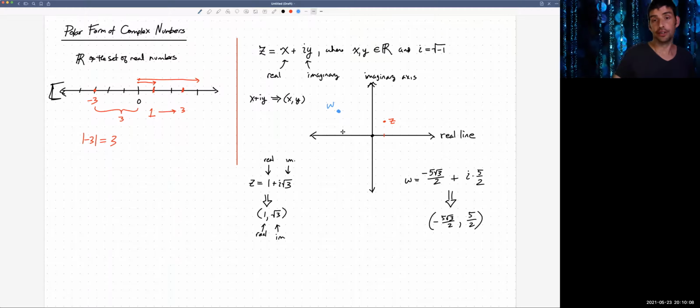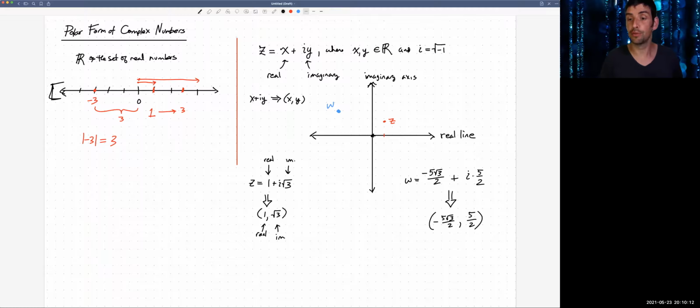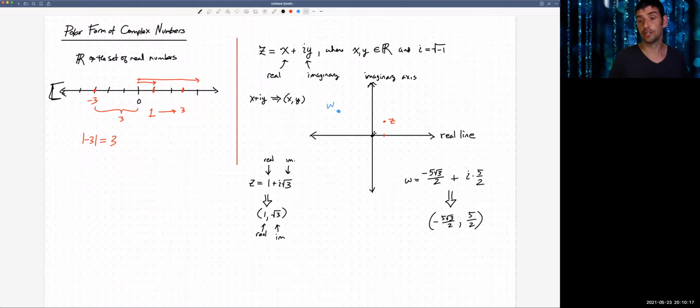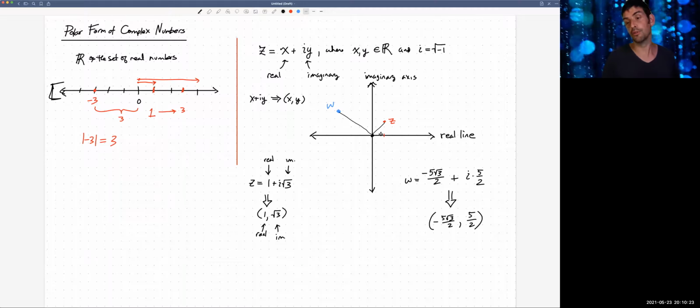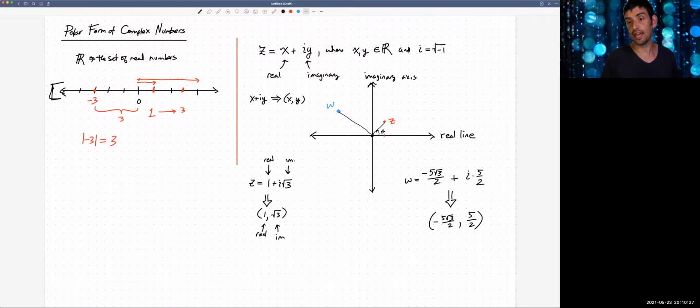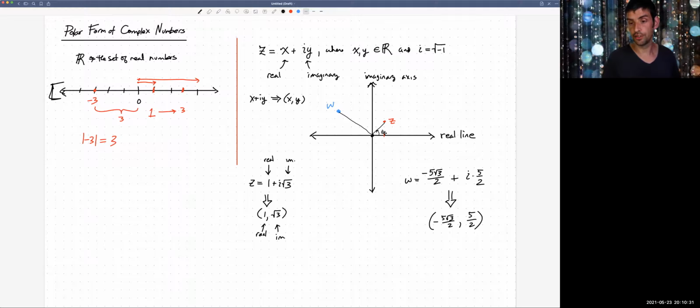If you recall in an earlier video, another thing we like to do with numbers in the plane, which is going to turn out to be very useful for our complex numbers, is think about describing these with polar coordinates, right? z is at some angle off the horizontal. Let's call this theta 1.